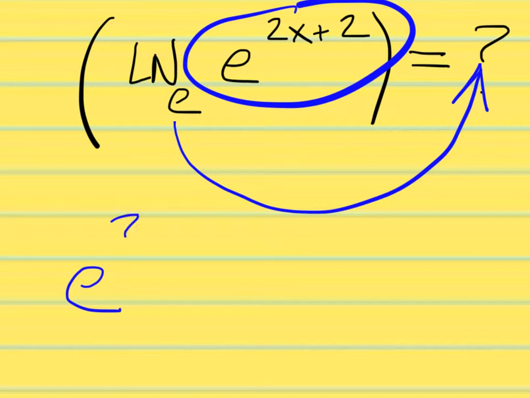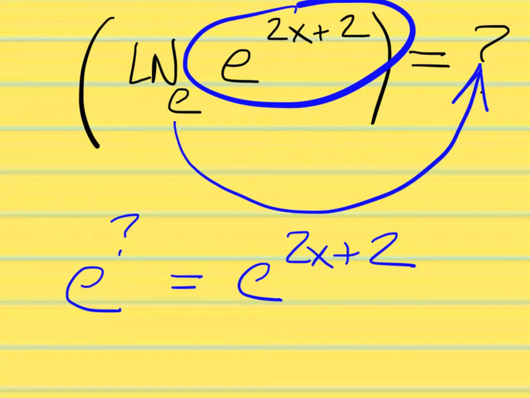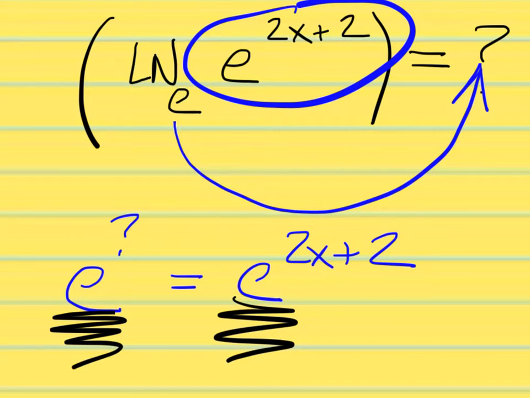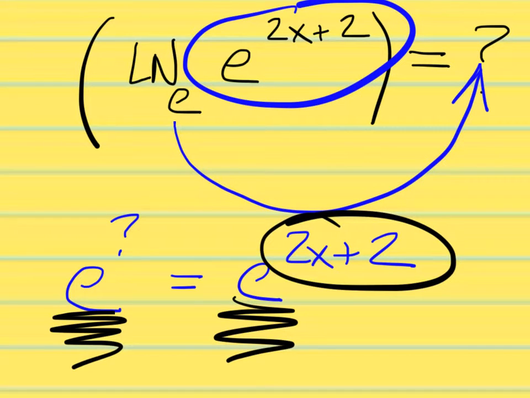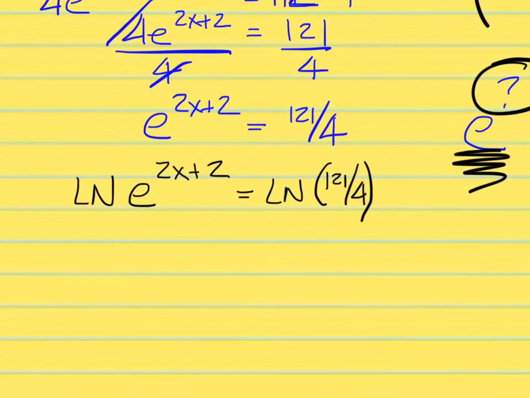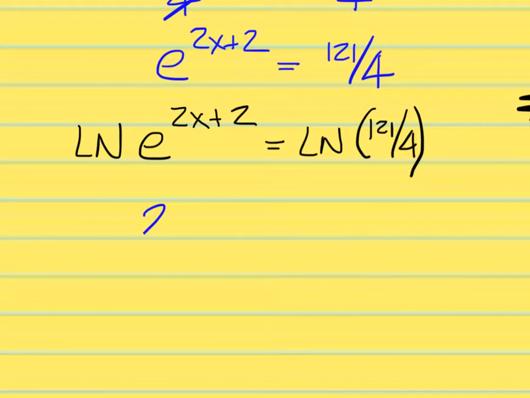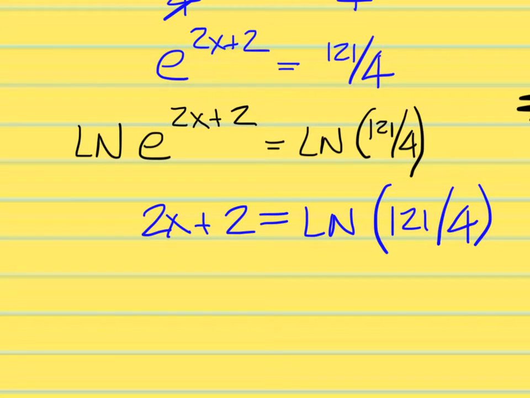Well, what power is that? This and this are the same base. Here's the exponent on this one, which means this one must have what exponent? The same exponent, which is 2x plus 2. So if you keep that in mind, you can drop this down to right here, 2x plus 2 equals log natural of 121 divided by 4.